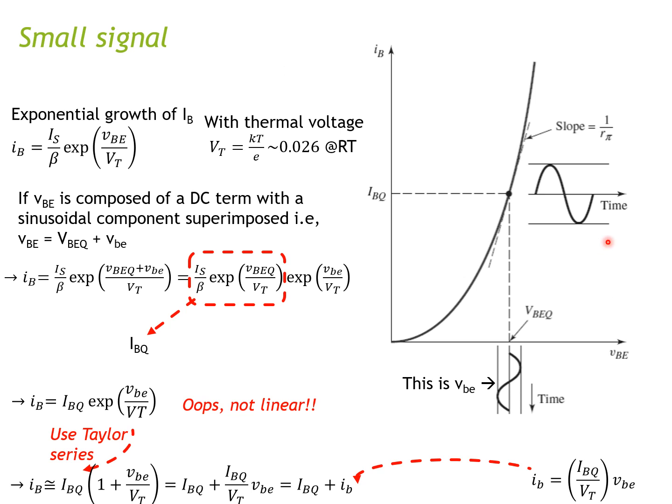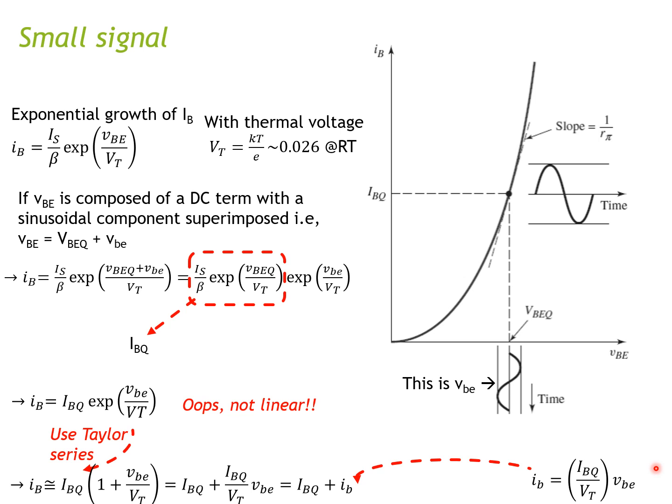So in this case, the term small signal refers to the condition in which vbe, this one, is sufficiently small for the linear relationship between ib and vbe, given by this equation, to be valid.